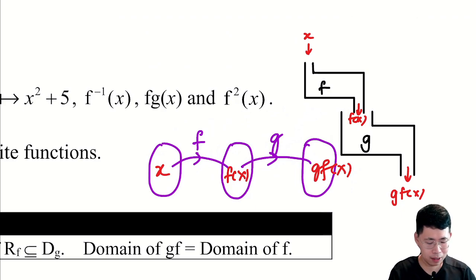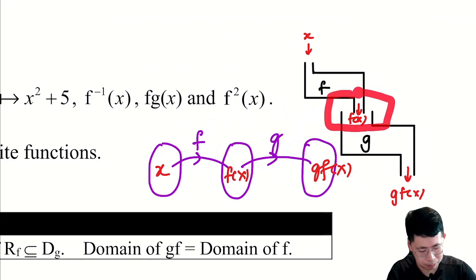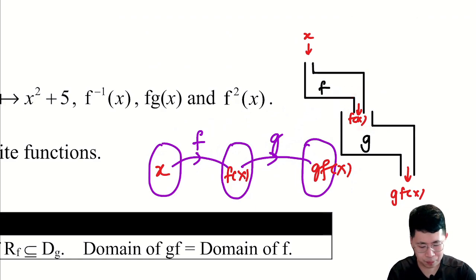In order for this composite function to exist, we need to zoom in on this exit over here. We want to make sure that whatever we output over here can fit in the hole for the second function.